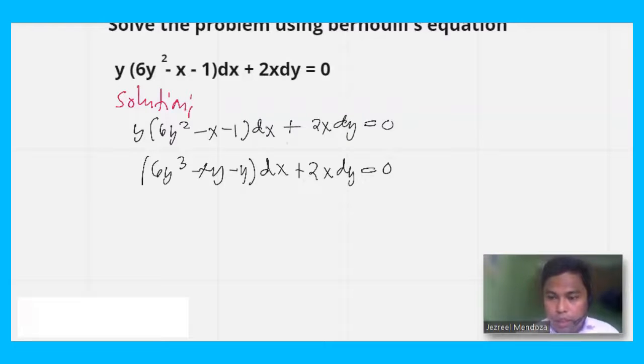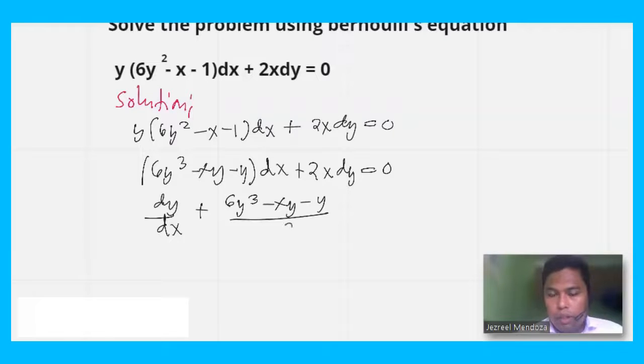If we transform this from dx over dy, or rather from dy over dx, we can have our equation like this: dy over dx plus (6y cubed minus xy minus y) all over 2x is equal to 0.